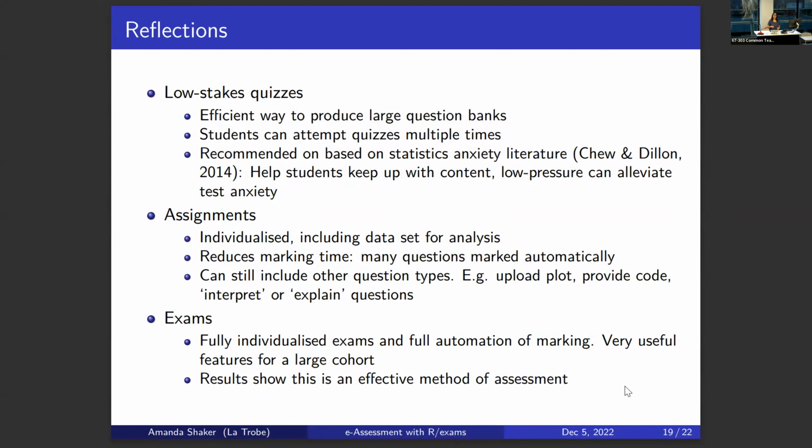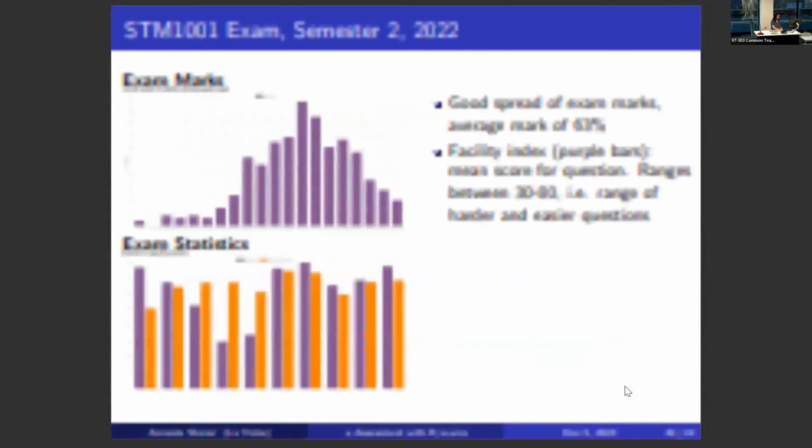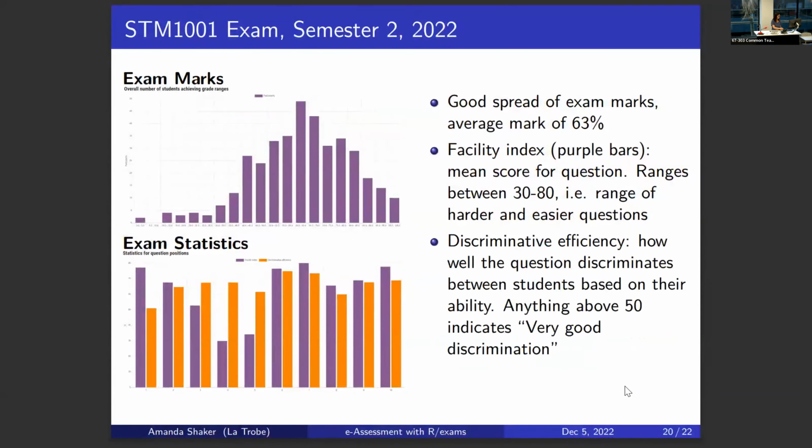And I found that doing that still gets a really good distribution of marks, and writing the exam this way did get a good discrimination between students in terms of their ability. So that's been a positive thing as well. This slide just shows the distribution and the discriminative efficiency. So that was all fine.